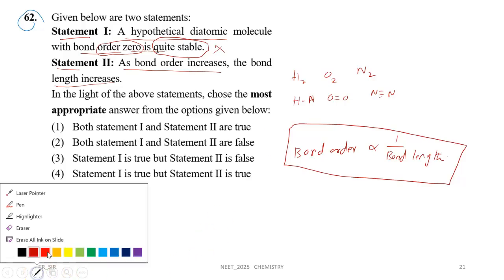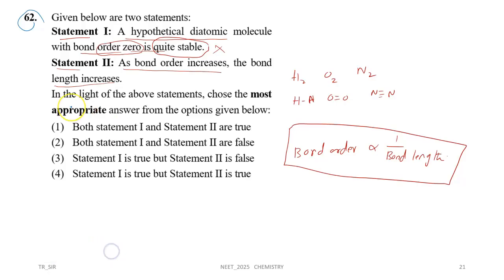Now I will give one small trick to find the bond order. As per NCERT, bond order is equal to the number of bonding electrons minus anti-bonding electrons, by 2.